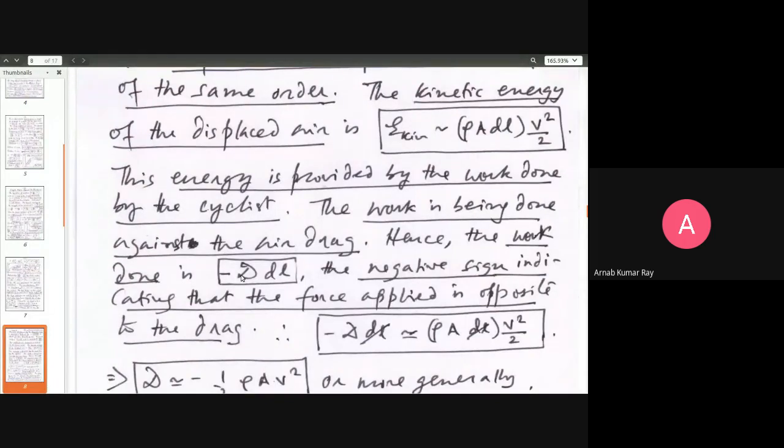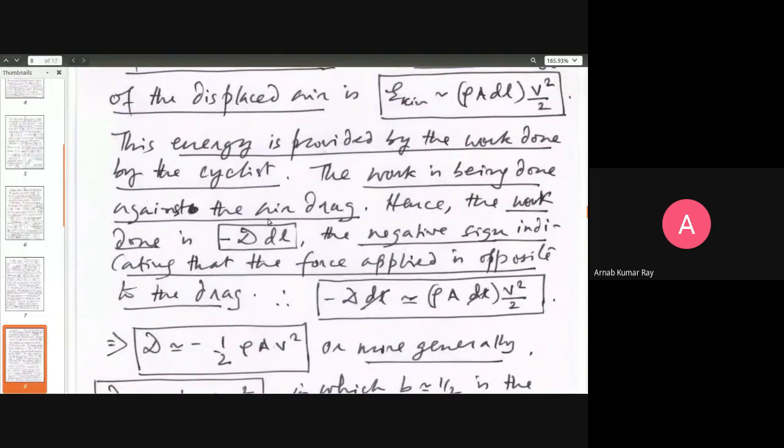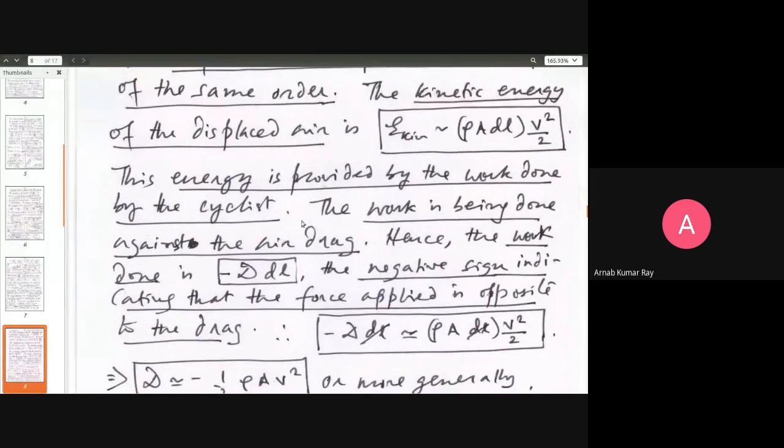To overcome the drag, you'll have to apply at the very least a force that is equal to the drag with a minus sign, meaning opposite to the drag, and then work done is force into the displacement. So minus capital D into dl is the work done, and that work being done is translated as the kinetic energy of the air displaced.